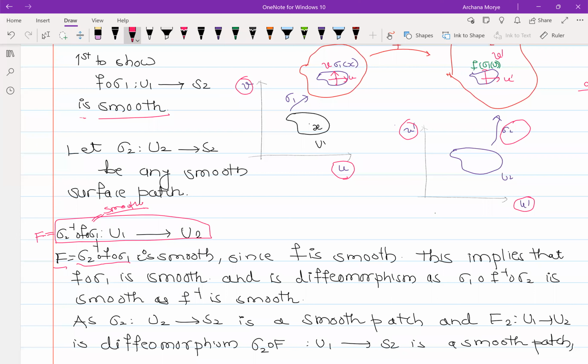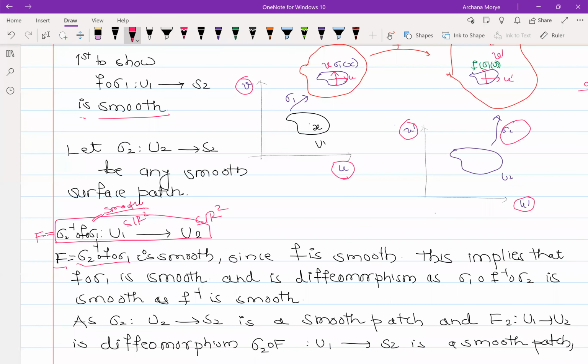Now what can you say about this capital F? This is a map from U1, which is an open subset of R2, to an open subset of R2. Here we know what a diffeomorphism is, the usual diffeomorphism. So now our question is whether this is a diffeomorphism. To show that, we have to find its inverse, which is also smooth, right?